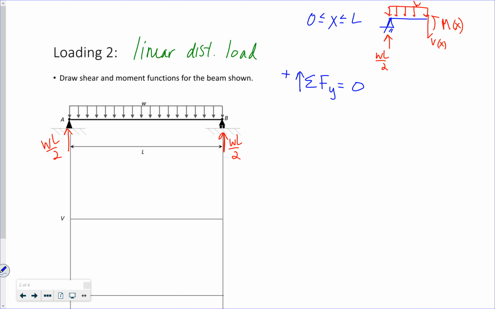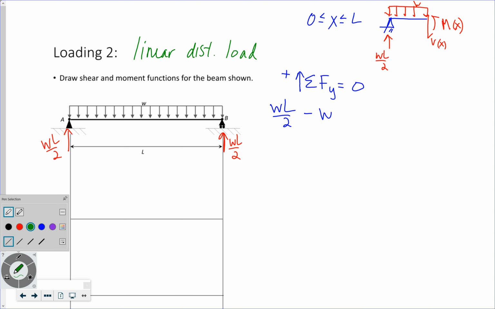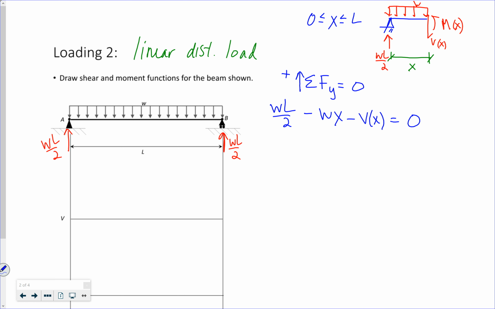Acting up, I have WL over 2. Acting down, I have minus W acting over a length X. And then I have my shear acting down. Solve for shear.